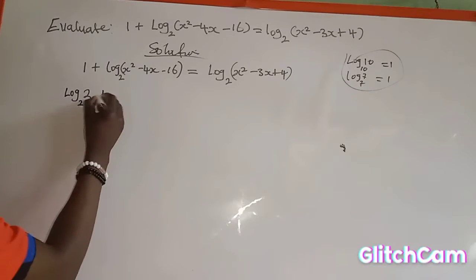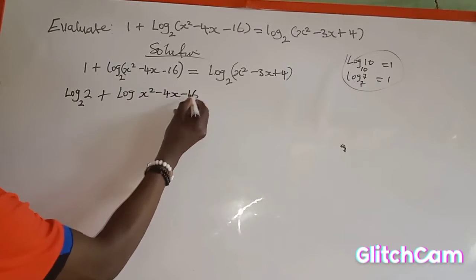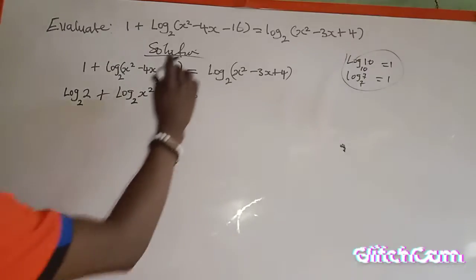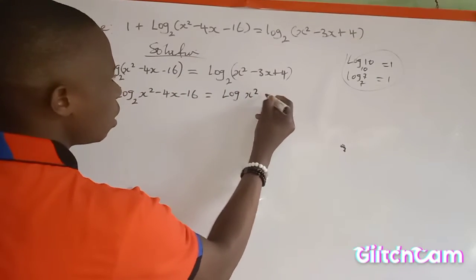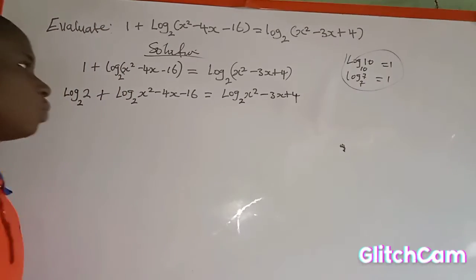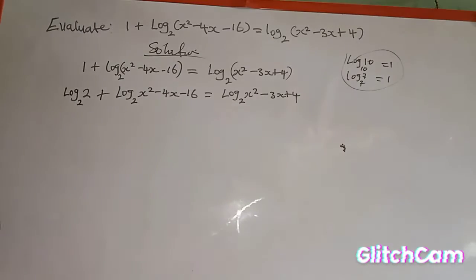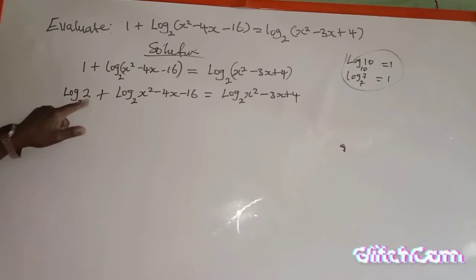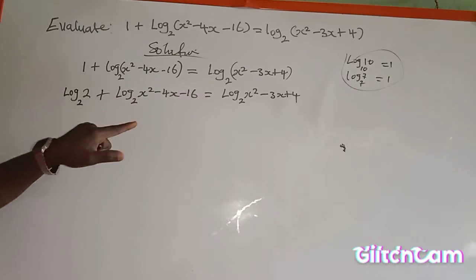So plus log of (s squared minus 4s minus 16) to the base of 2, then equal to log of (s squared minus 3s plus 4) to the base of 2. So every term now is a logarithm to the base of 2. On the left hand side, we have the logarithm of 2 to the base of 2 and log of (s squared minus 4s minus 16) to the base of 2.